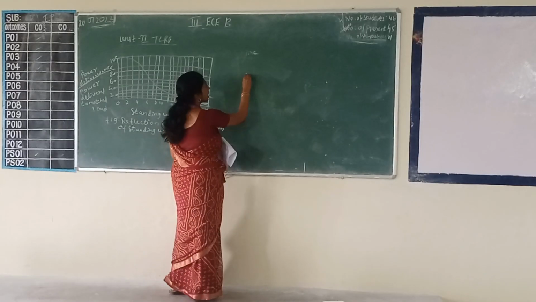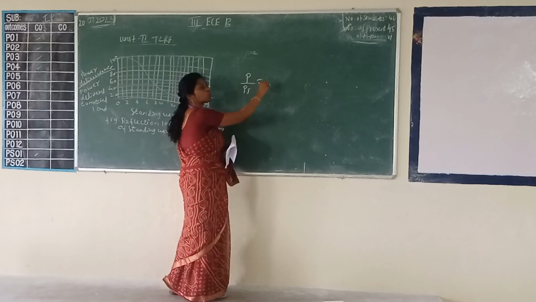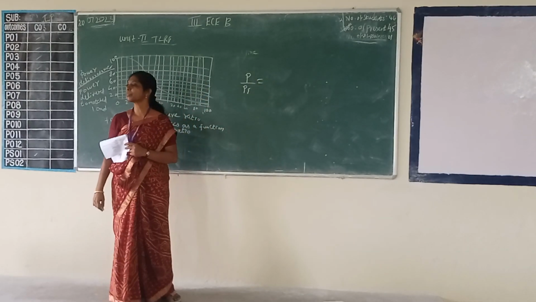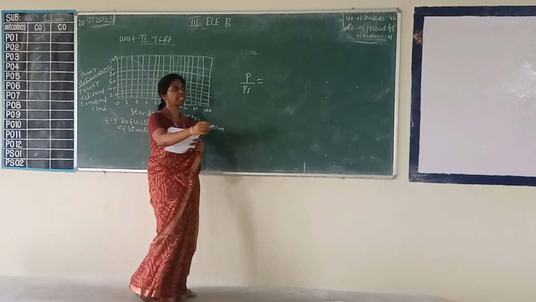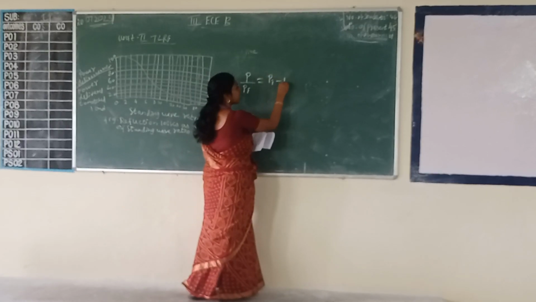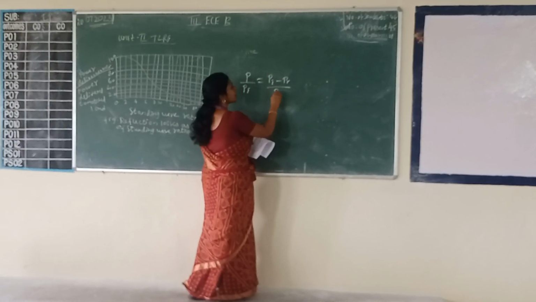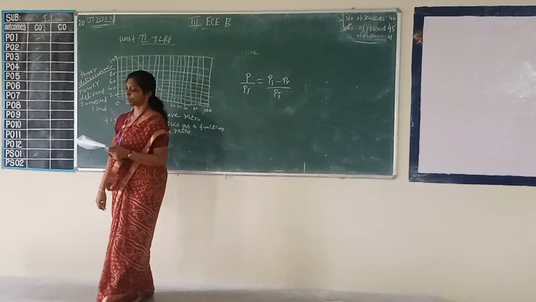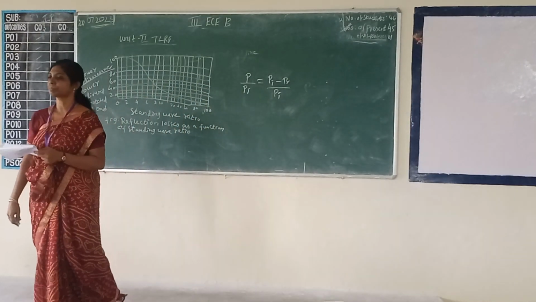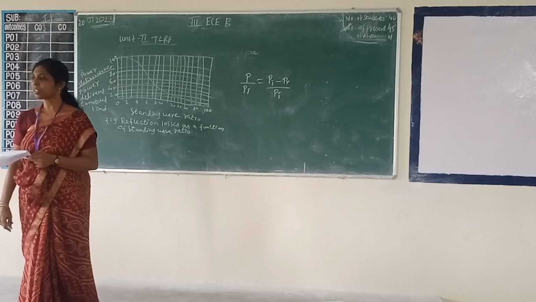What is P by Pi? P is what? Power is incident wave minus reflected wave. So Pi minus PR. What is Pi minus PR equal to? P. What is the value?